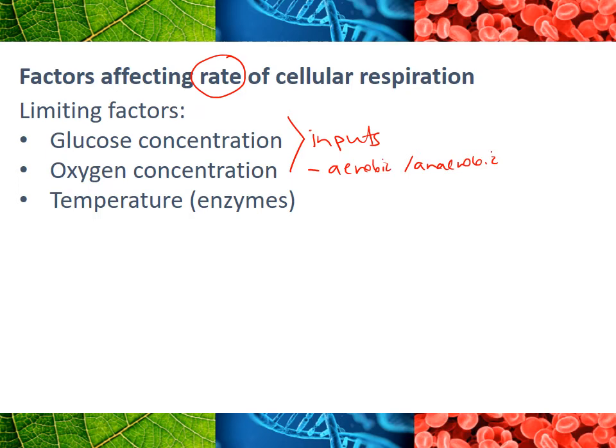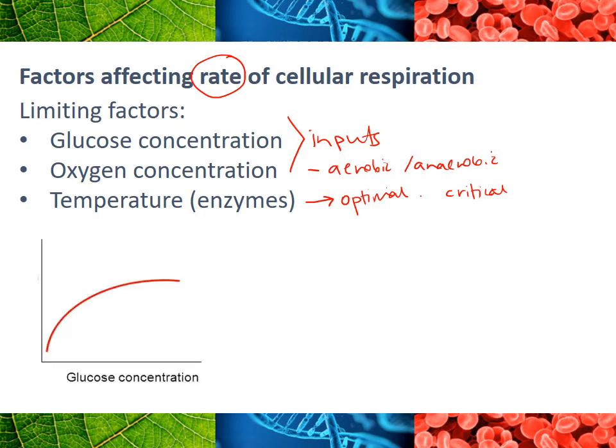Temperature, again, we're looking at the impact on the enzymes. So the enzymes will kind of increase their efficiency up until their optimal point. And then remember, if they bypass their critical point, the process will stop. So it's important that you understand what this looks like in terms of graphs.